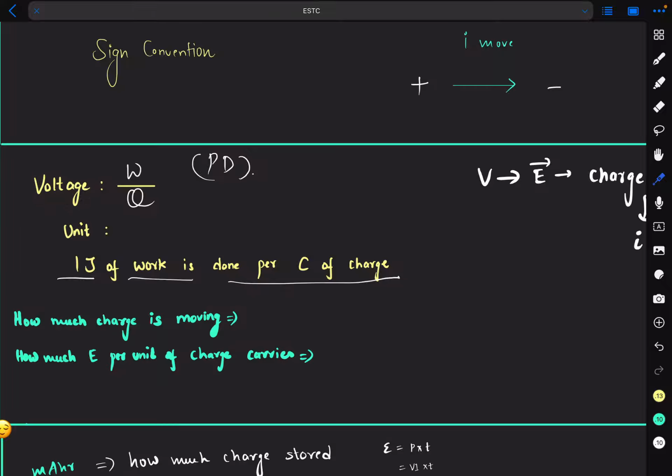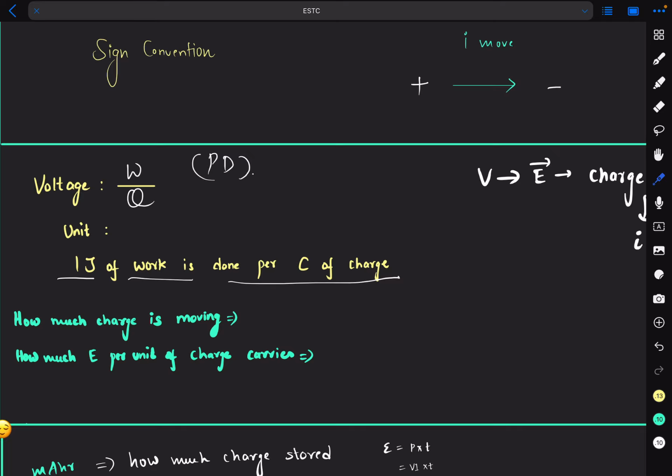It generates a potential difference. Because of this difference, the current will flow from high potential to lower potential, the same way water is flowing from higher heights to lower depths because of the height difference. The same way voltage helps the current to flow.